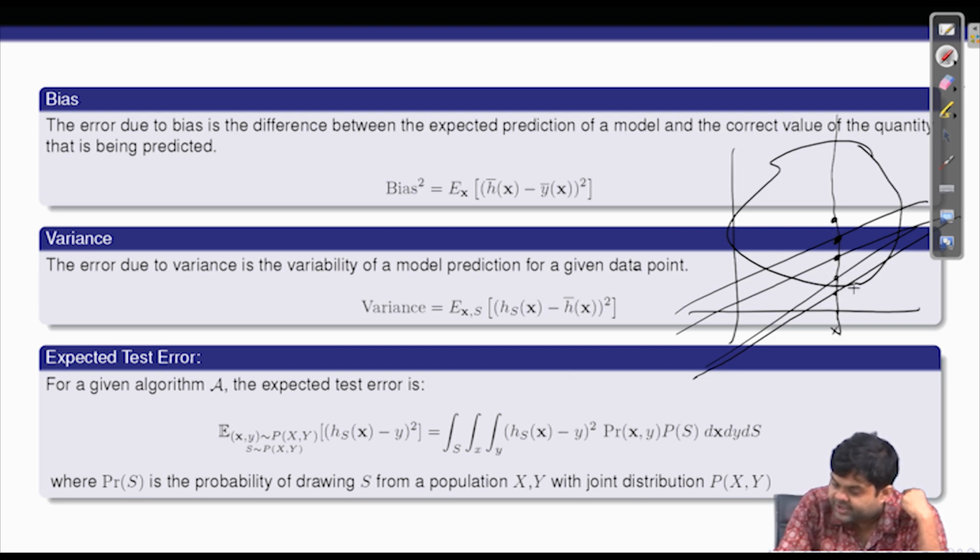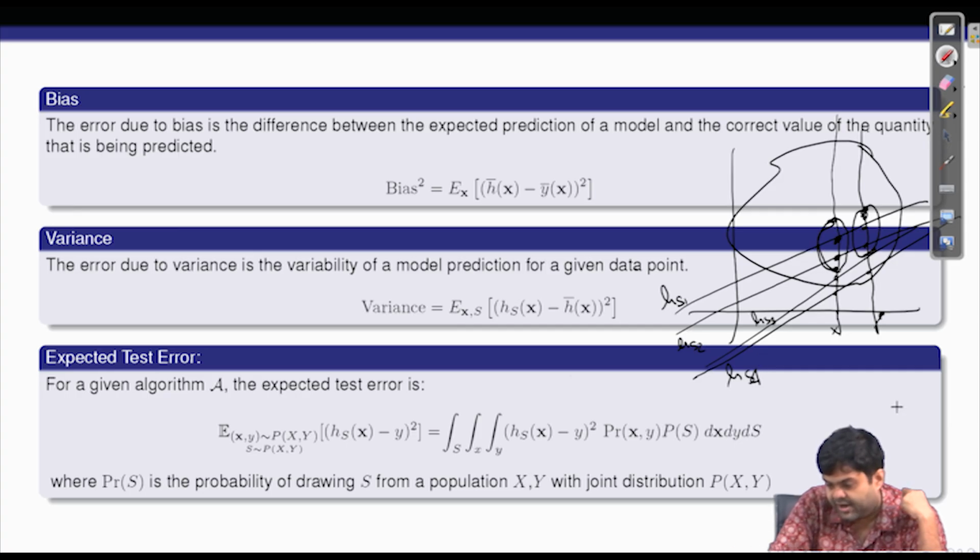Now if you take the average of these things, the average comes here. Now you will take the squared difference between these two. Now if you vary x, you come to x here, the expected value for y for this x is probably here, and the average of these values will be somewhere here. You take the squared difference between these two. You keep doing this. So these are Hs1, Hs2, Hs3, Hs4, the prediction lines for various potential samples.